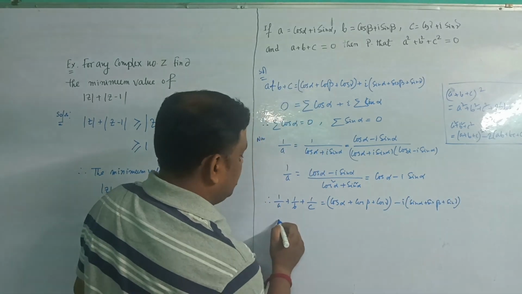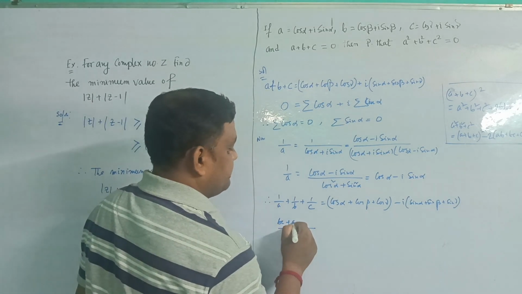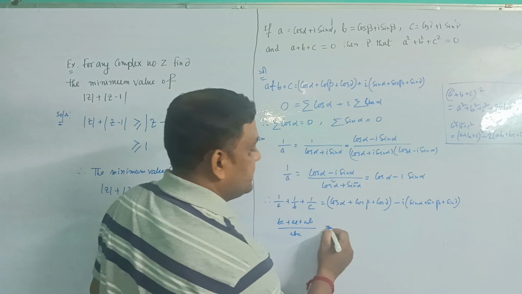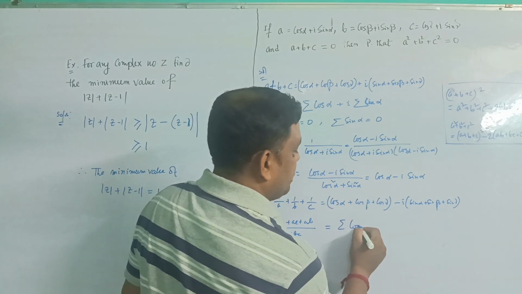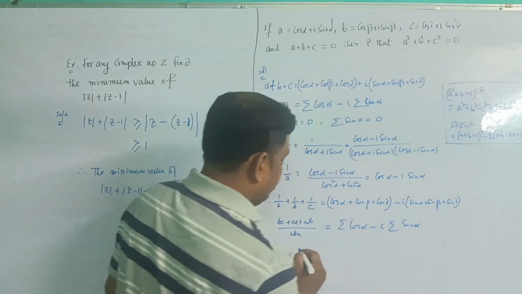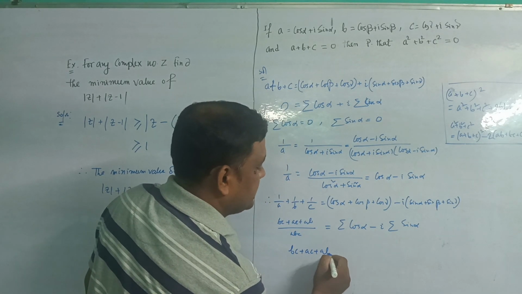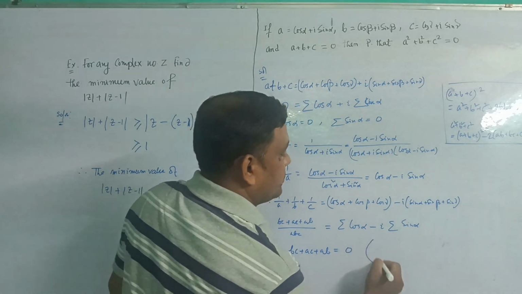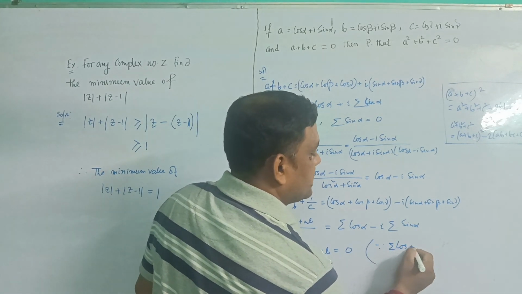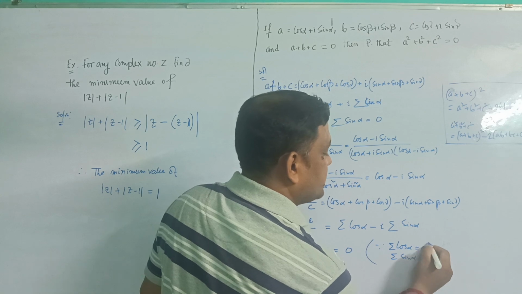So this is equal to, if you take the LCM abc, you will get bc plus ac plus ab over abc, and this is equal to summation of cos alpha minus i into summation of sin alpha. So bc plus ac plus ab over abc equals 0, since summation of cos alpha is equal to 0, summation of sin alpha is also equal to 0.